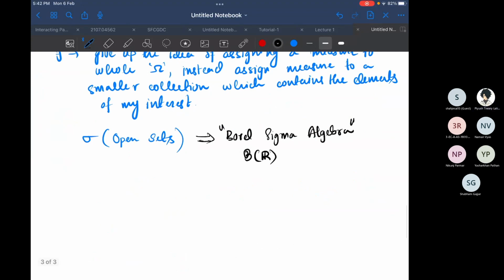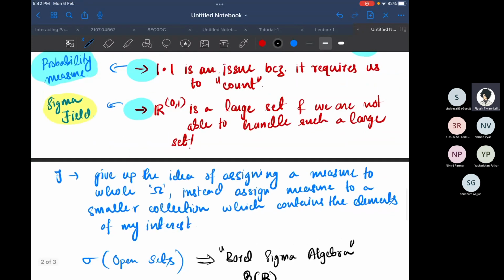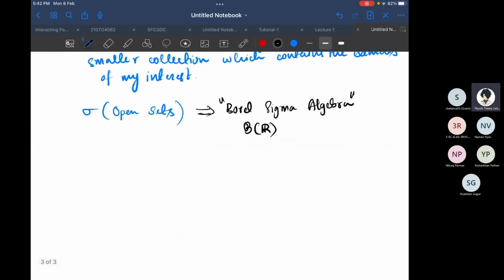Now I think this is enough to describe what a sigma field is. Now coming to the second part, the probability measure. What is a probability measure?